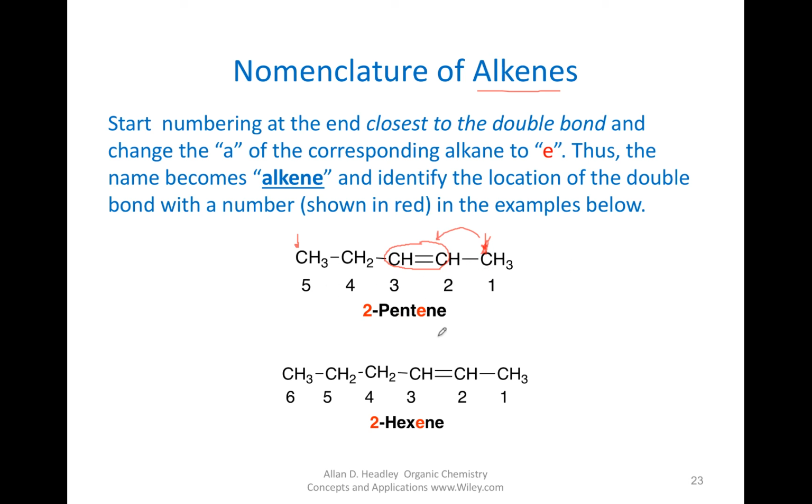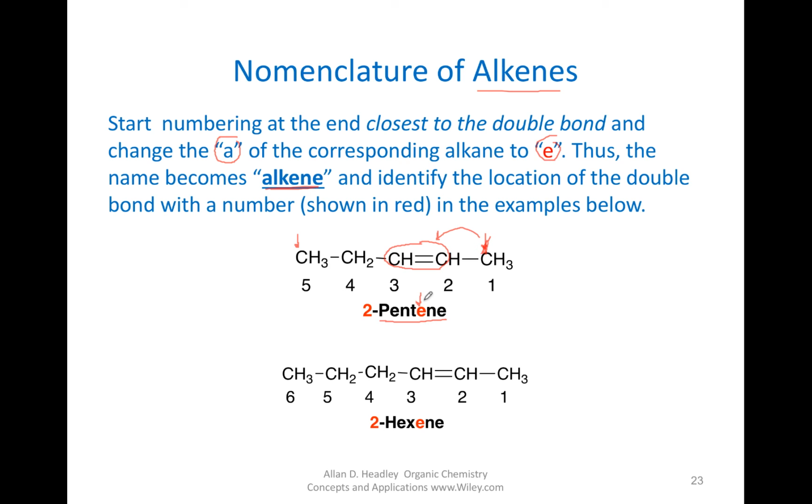So it's a pentane, but what we do is change the A of the corresponding alkane to an E to get an alkene. So the name is not pentane with an A, it becomes pentene with an E. Once you put an E there, it indicates that the molecule has a double bond.